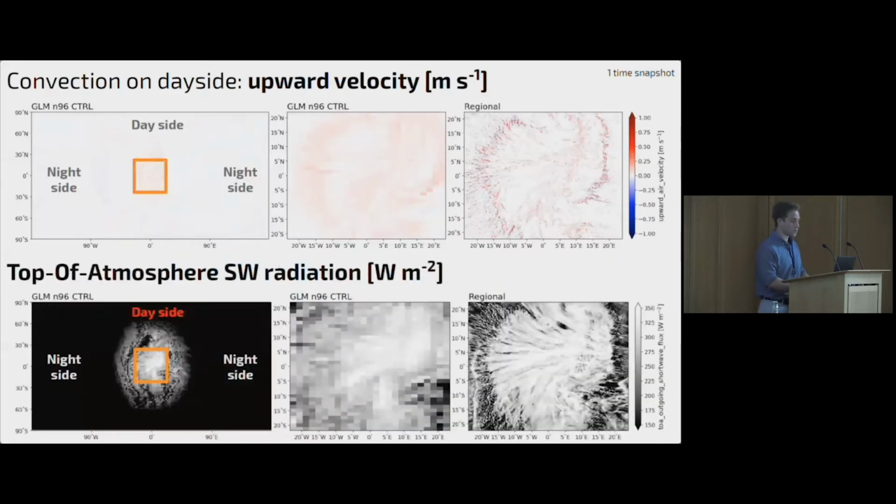And this is what it looks like in terms of cloud fields. So this is the reflected shortwave radiation. And you see again that the convection-resolving simulation gives you much more detail and much more inhomogeneity in terms of cloud field.